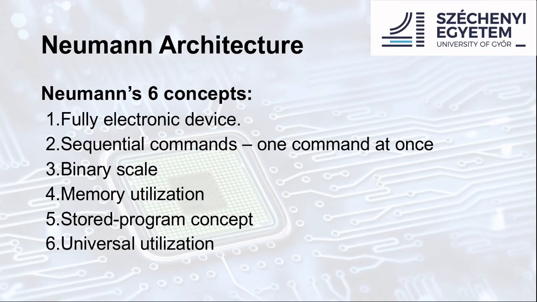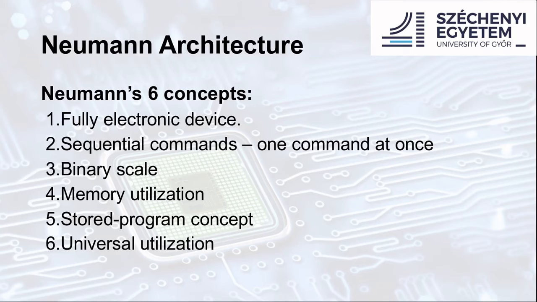First of his concept is that a computer has to be fully electronic device. Furthermore, it performs commands sequentially. Computer also has to use binary scale. It needs to use memory as well. And it utilizes the stored program concept.